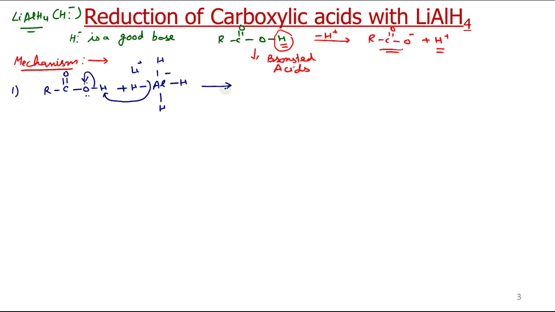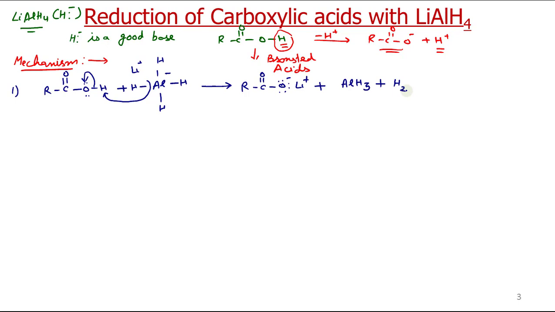So the product is RCOO negative Li positive, lithium carboxylate, plus AlH3. So this is the first reaction, plus H negative plus H positive will give you H2.